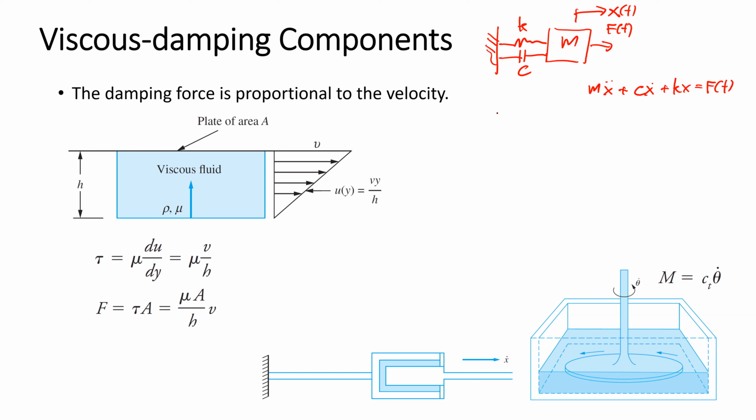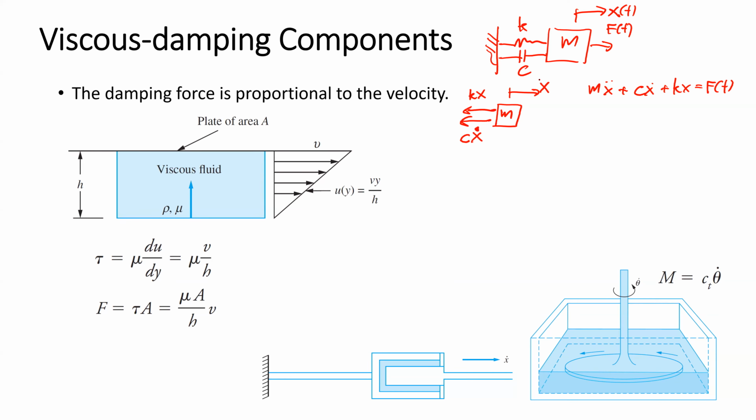When we draw free body diagram of the mass, we said that if the mass is moved to the right hand side with x, the spring force will equal to kx, and we have the damper force. The magnitude is one coefficient multiplied by the velocity.